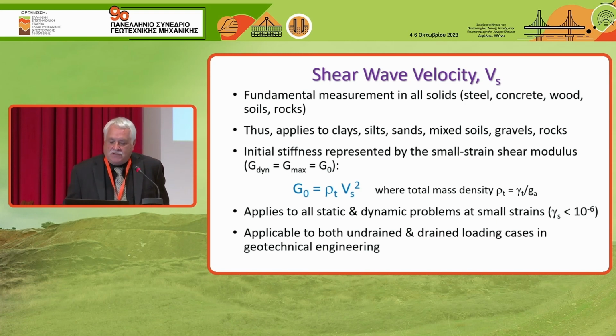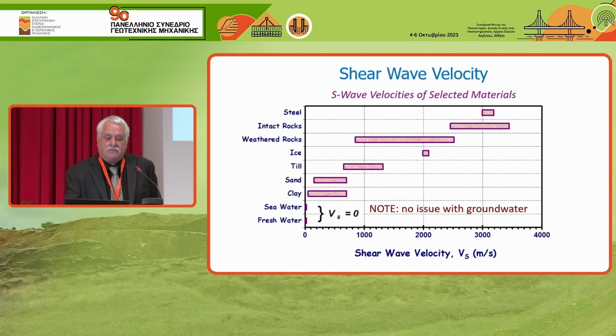And so that, again, makes it even more valuable in that G0 is the beginning of every stress, strain, strength curve in soil and rock. So shear wave velocity is interesting also in that the shear wave velocity of water is 0. So there's no issue with any measurement as we had with the Hydro P earlier.